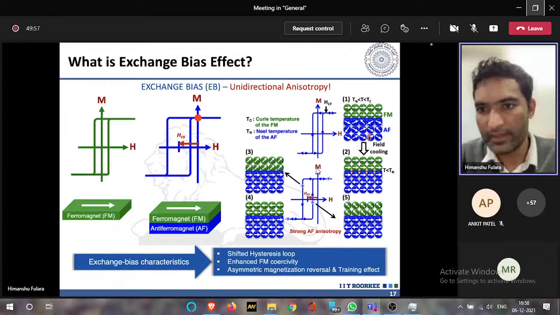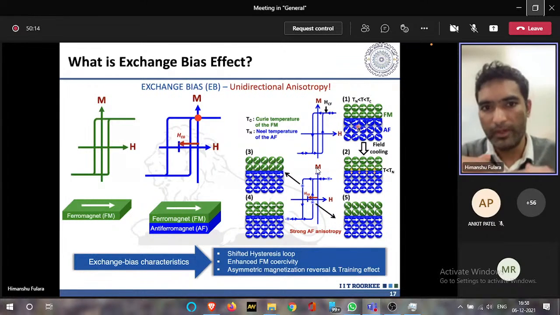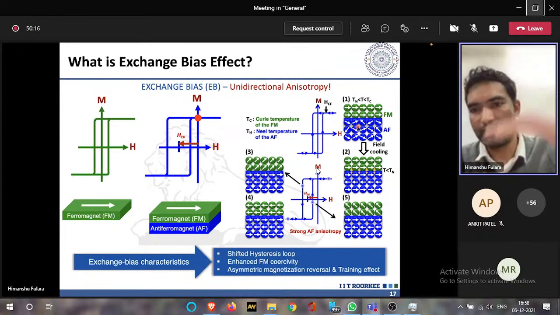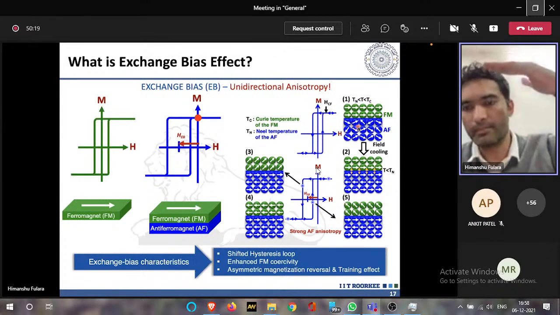Here you can see these are the antiferromagnetic spins, and these are the ferromagnetic spins, and this structure is heated to a temperature greater than the Néel temperature of the antiferromagnetic material. Then the antiferromagnetic material becomes paramagnetic if it gets heated beyond its Néel temperature.